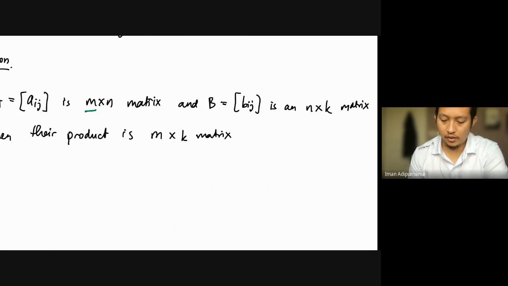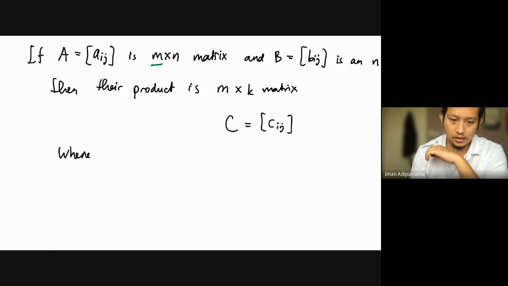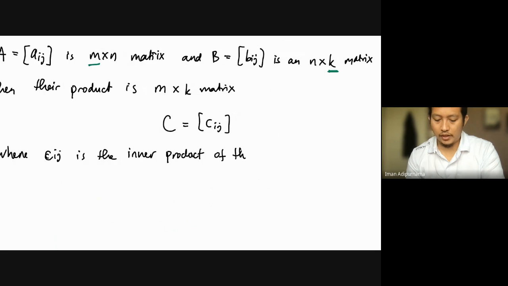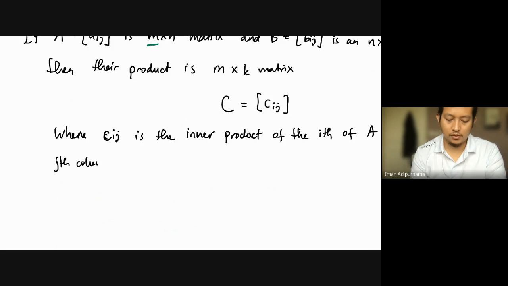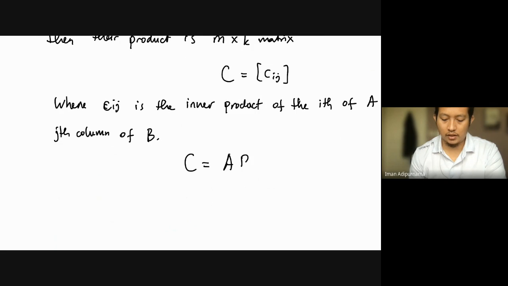Here M and K. This is the product of A and B. So it will be C, where C is the inner product of the row of A and the column of B.